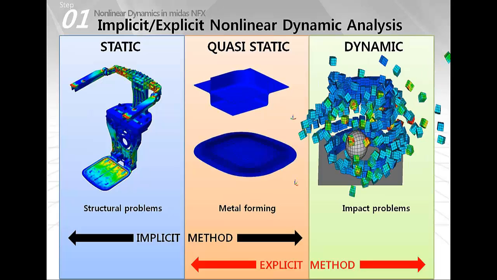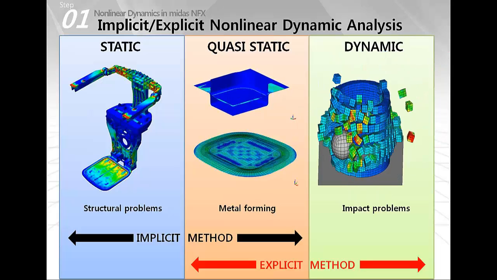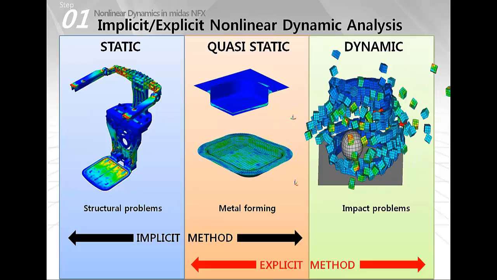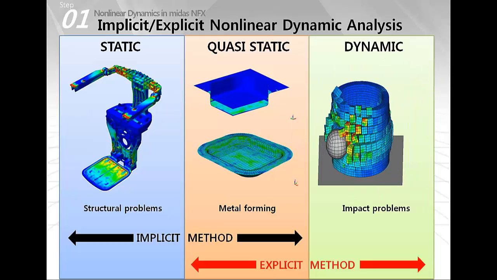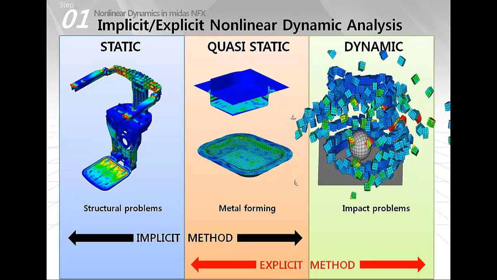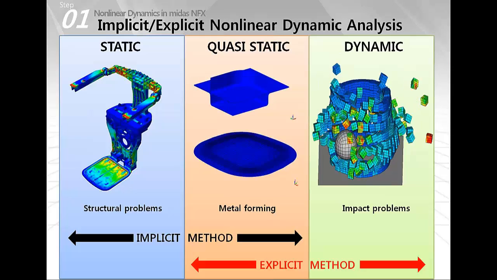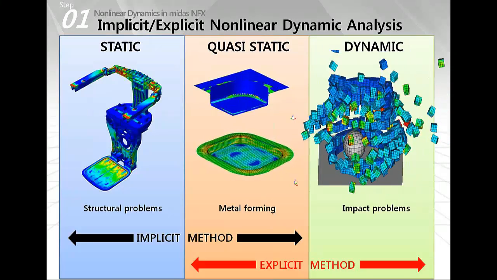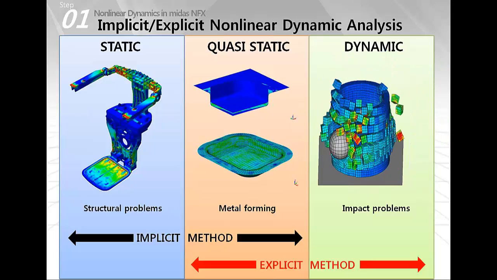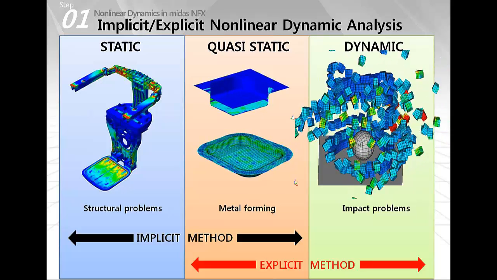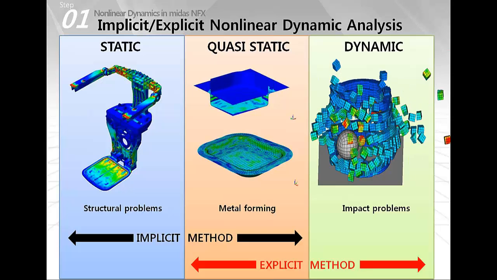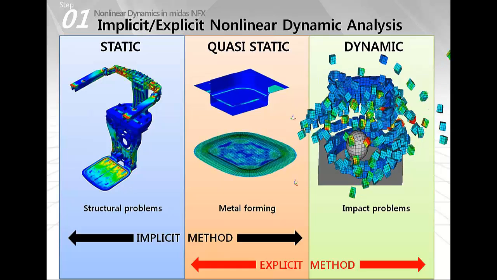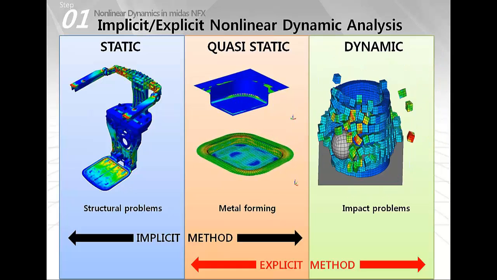For high-speed events, like impact problems, the explicit method will be the proper one. But if you want to perform quasi-static simulations, you can use both methods. In midas NFX there is a sequential nonlinear analysis capability, and you can combine both of them to perform this quasi-static simulation.